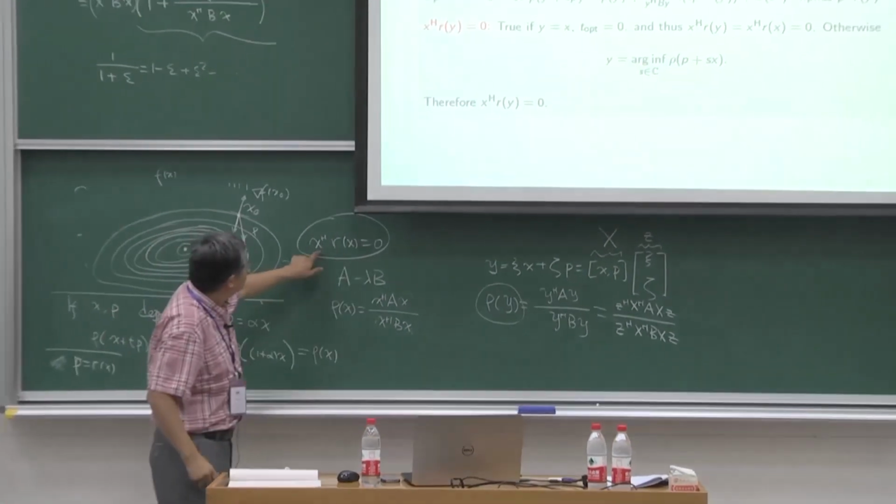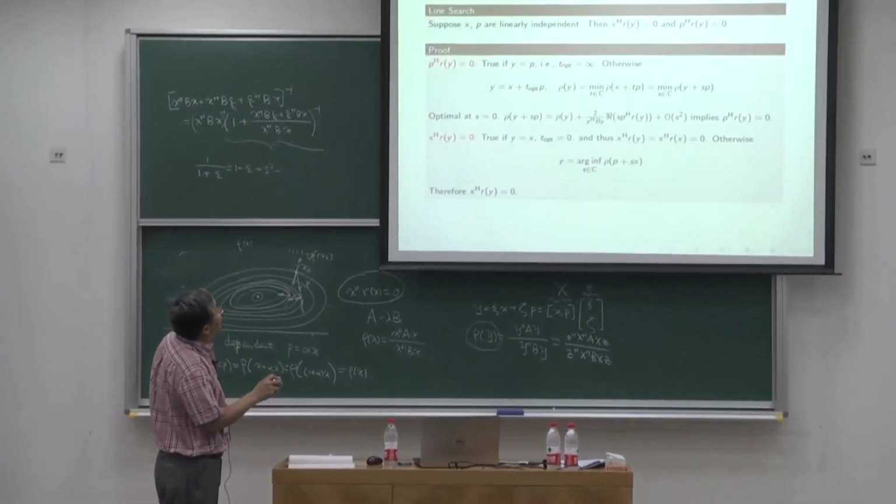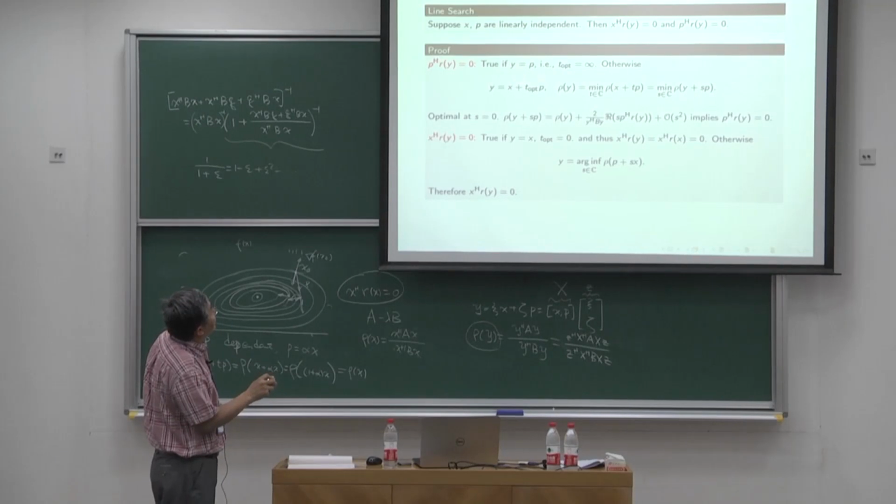If this and this are the same, it's always 0. So y equal to p is the same. If y is not equal to p, that means t is not infinity.